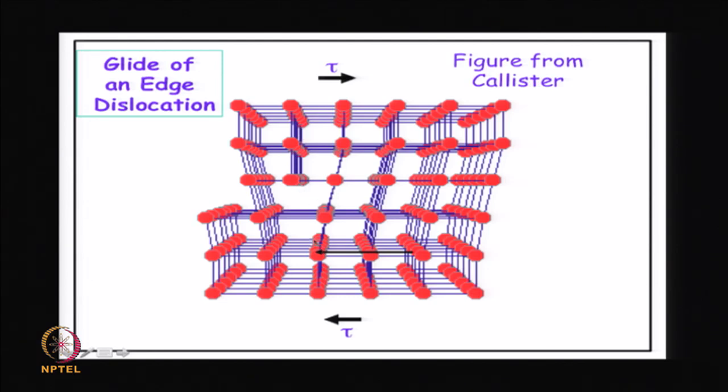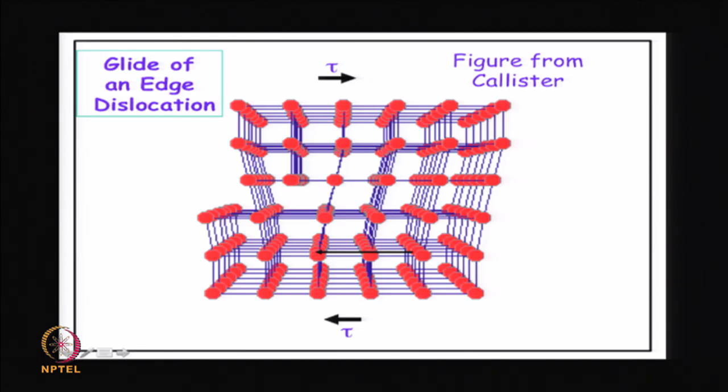Whereas the upper half of the currently continuous plane will now be hanging as an extra half plane. So, the dislocation line which was located here will move one step to the right. This is what is involved in the glide of an edge dislocation.